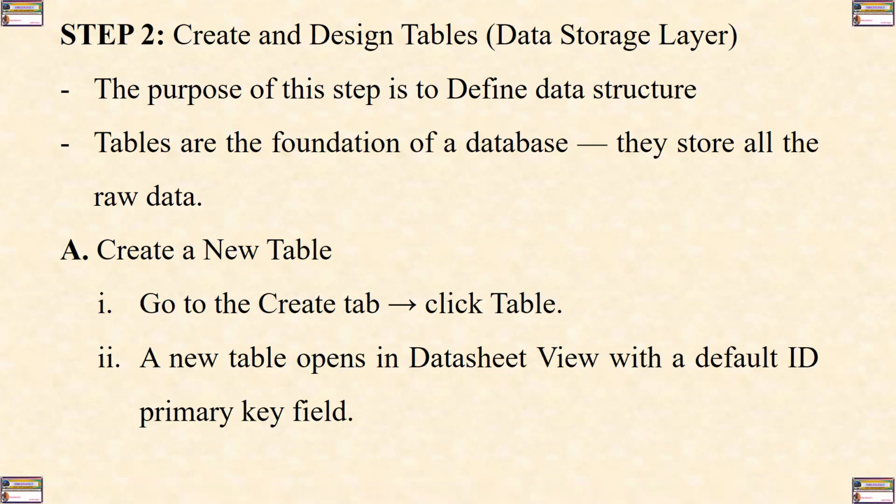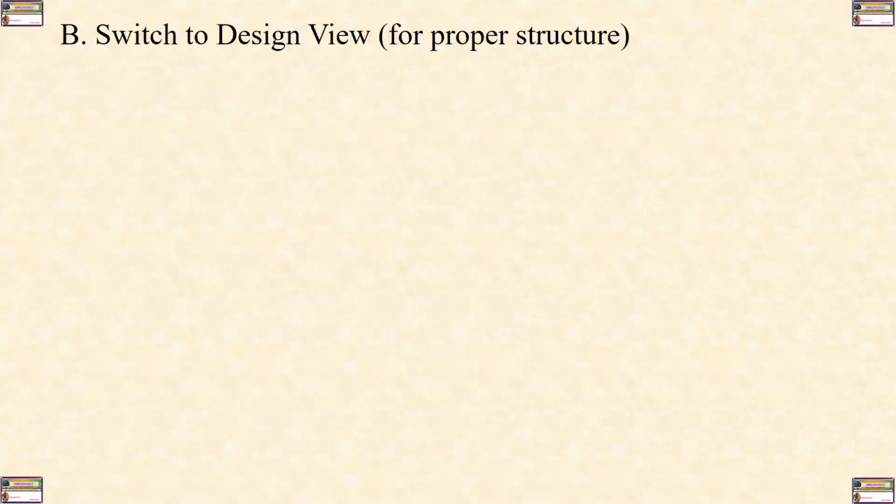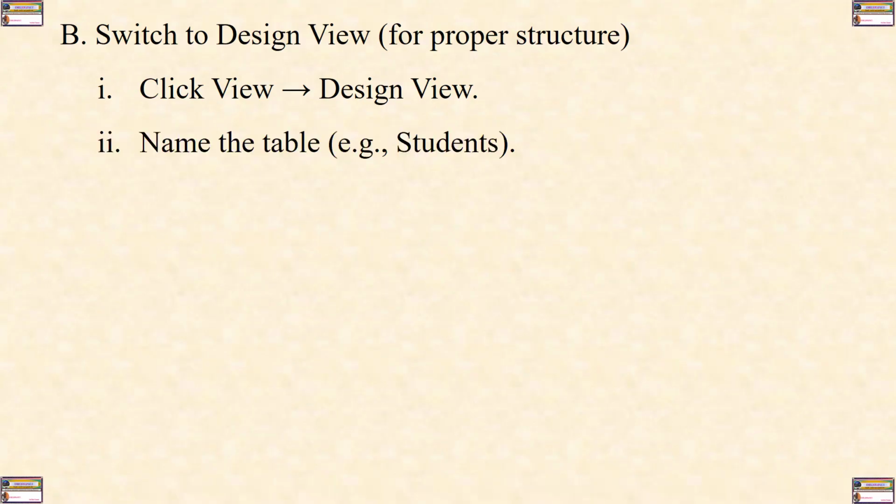How do we do that? So to create a new table, you go to the Create tab, and then you click on Table. A new table opens in Datasheet view with a default ID, primary key field. Once that is done, you can switch to Design view so that you can design or create proper structure for your table. And to do that, you click on View, then you select Design View.